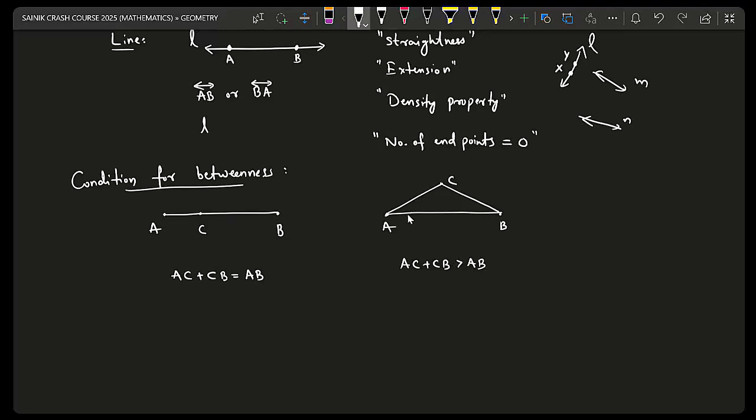Why? Because the straight path is the shortest path and any other path like A to C and C to B will be greater than the shortest path. So we can say AC plus CB is greater than AB. That means we got a condition now.